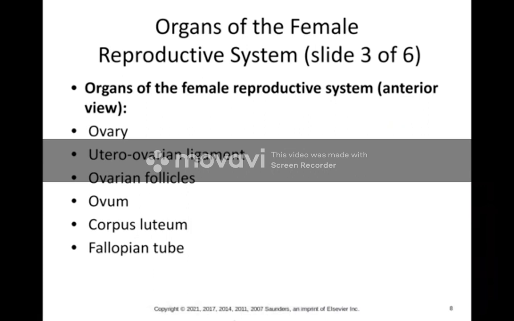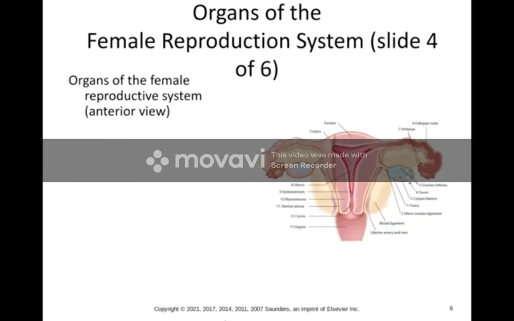So we're going to continue with the anterior view. We're going to look at the ovary, utero-ovarian ligament, ovarian follicles, ovum, the corpus luteum, and the fallopian tube. So this is our anterior view.